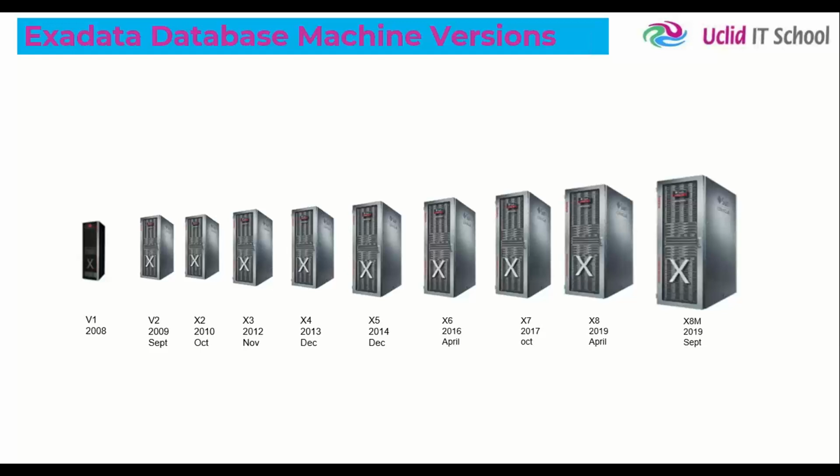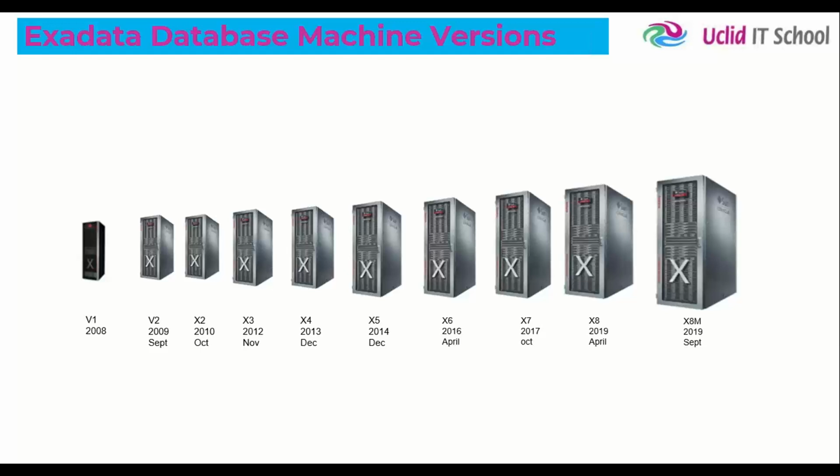Now, looking at the history, you know what happened. Later, Oracle acquired Sun Microsystems, and with that, Oracle got a hardware business. Sun Microsystems had their own hardware, Sun servers, which were very popular at that time, and the Solaris operating system. So Oracle got into the hardware business with the acquisition of Sun Microsystems.